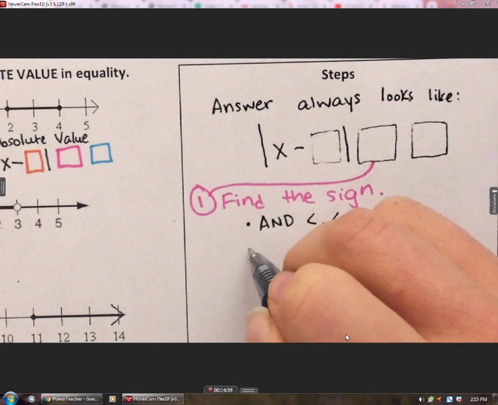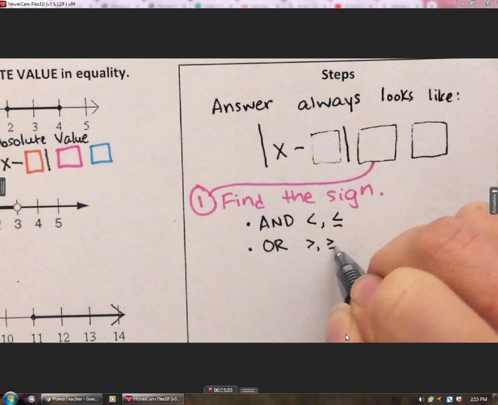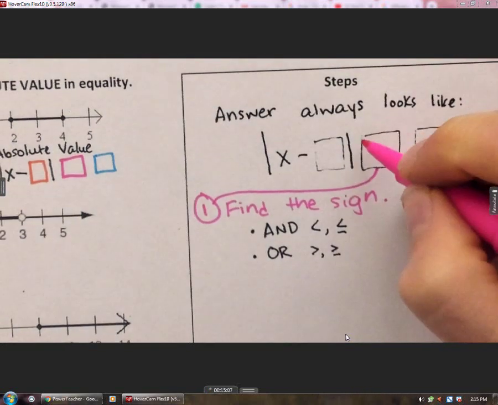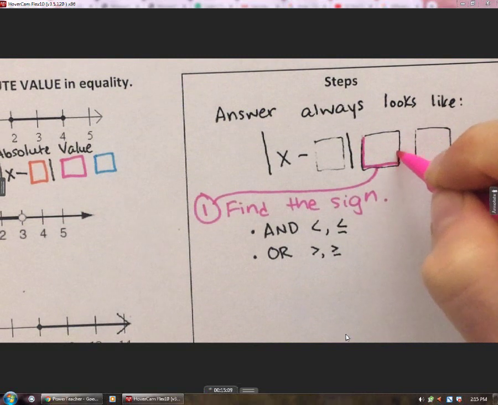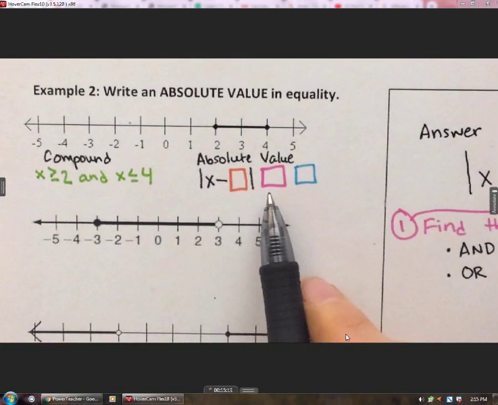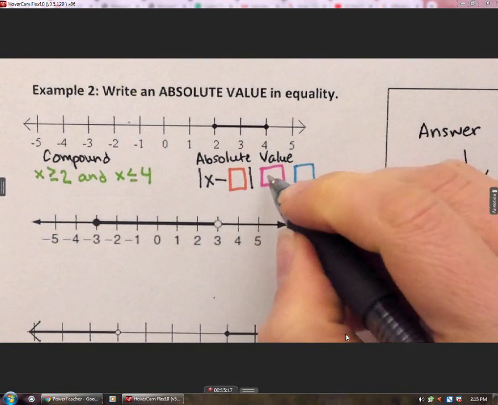If you have an OR statement, it's going to be a greater than. So in our situation, what kind of symbol am I going to have here? Less than or equal to.